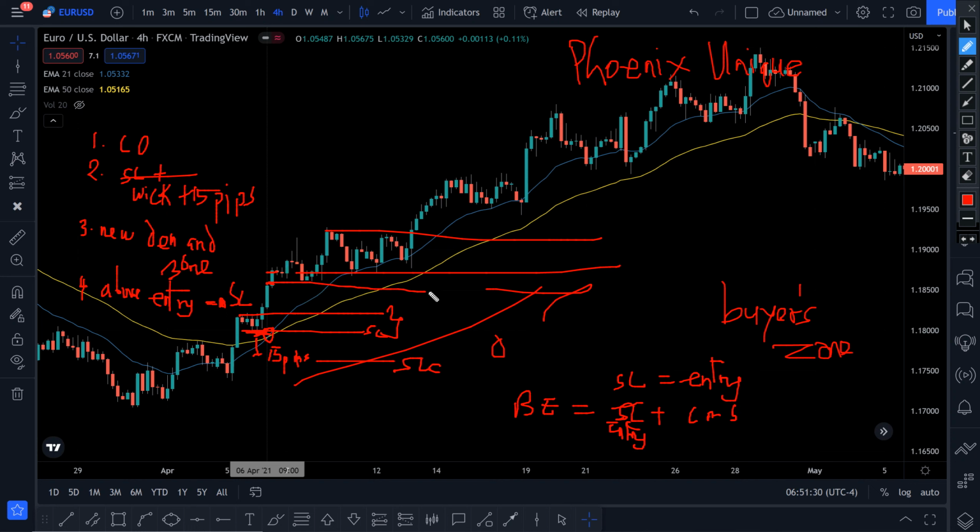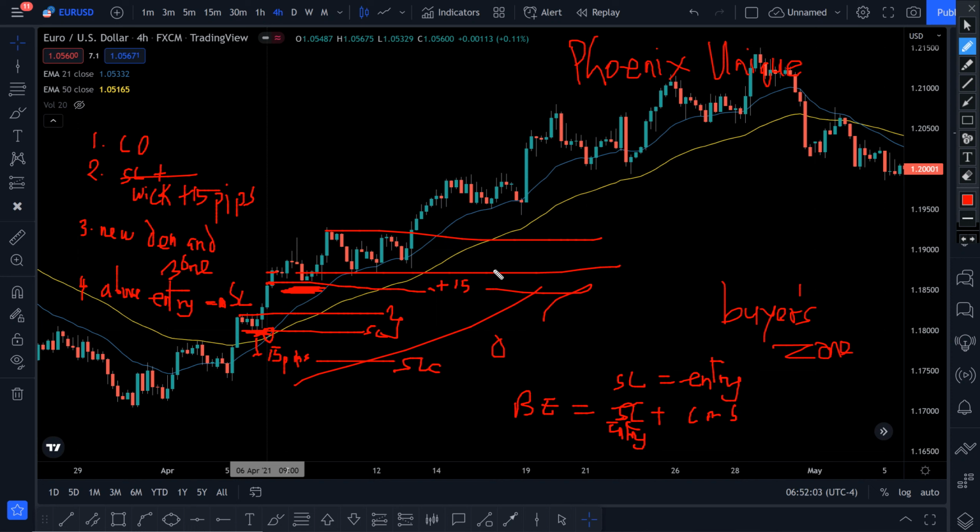So your new stop loss will be your entry price plus, let's say, another 15 pips. But to be on the perfect safe side, instead of just doing entry price plus another 15 pips, just put it below, just like you did here, you just trail it below the new demand zone.